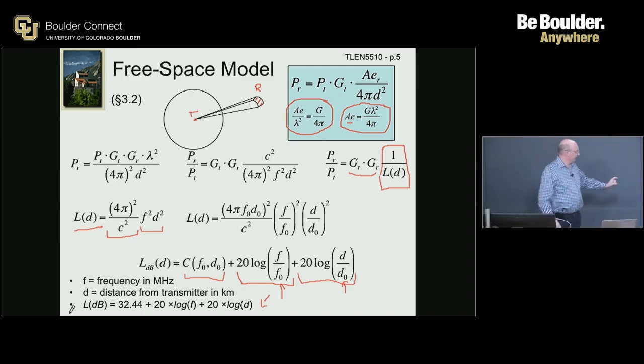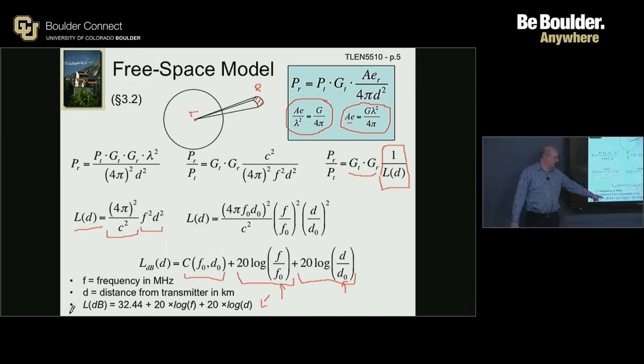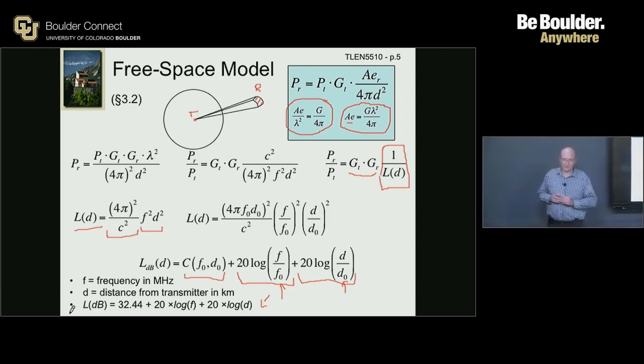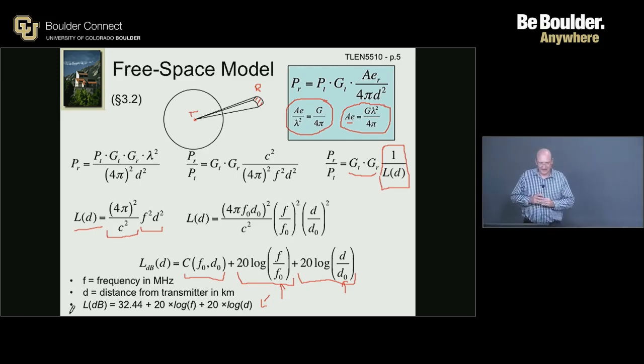But that constant 32.44, when you see it, right away you'll know that it means f is in megahertz and d is in kilometers. Or equivalently, f is in gigahertz and d is in meters. But you have to be very careful. Some books are not too careful how they derive that.